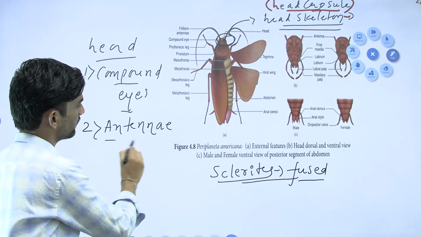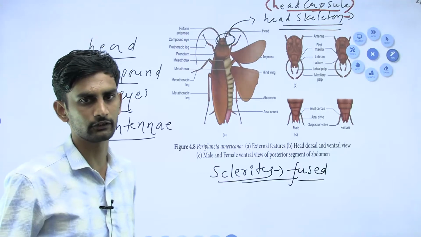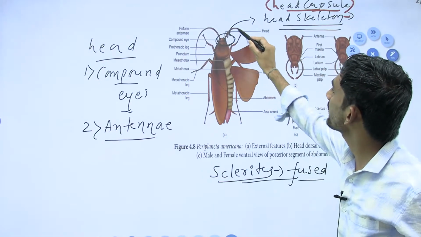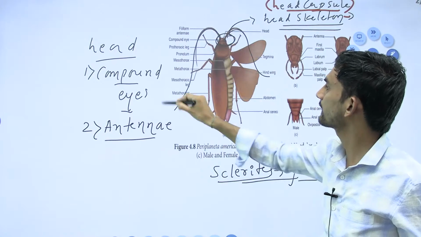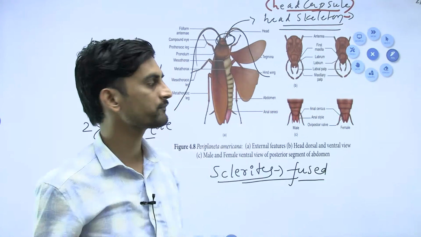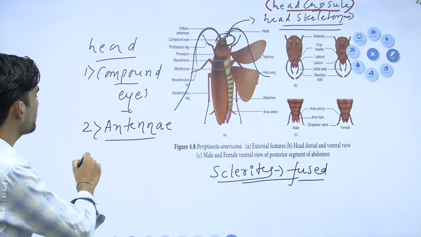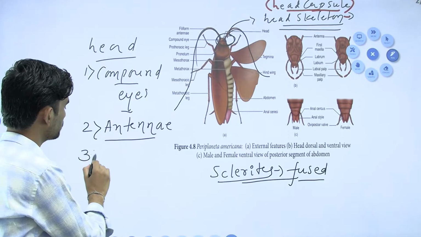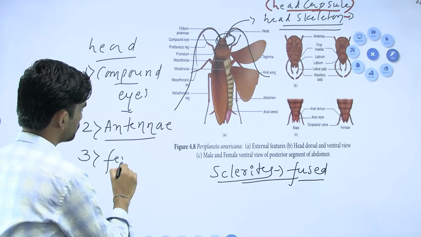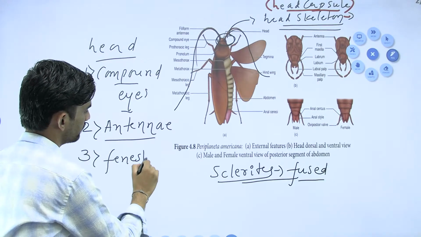Number two sensory organ is also present on the head region. Usually you will find on this region, this is one antenna and this is another antenna, so a pair of antennae. Along with the antennae, you will also find fenestrae. Underline this word.